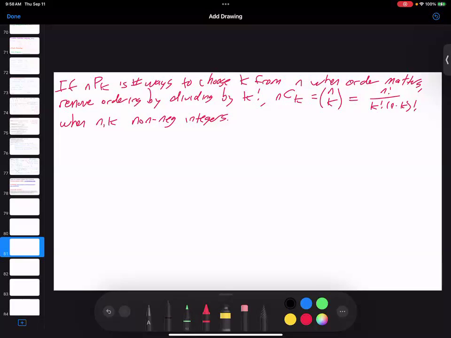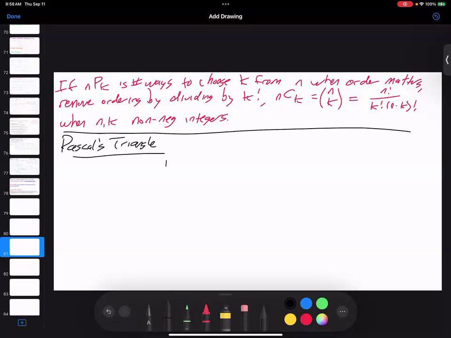Okay, so now the connections to Pascal's triangle. And so we go 1, 1, 1, 1, 2, 1, 1, 3, 3, 1, 1, 4, 6, 4, 1, 1, 5, 10, 10, 5, 1.